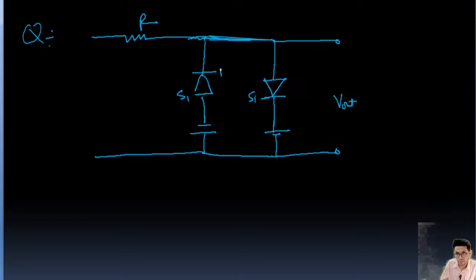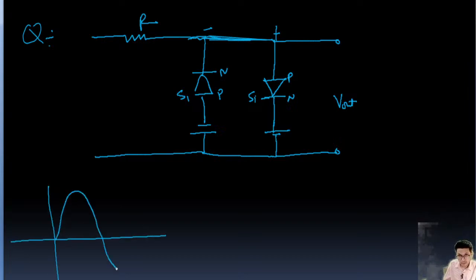So this is N, this is P, this is P, and this is N. So this means this is negative and this part is positive. So now we have graphed this. So here this is the graph. So you can see, guys, if we give positive half cycle, this is going to be reverse bias, open circuited, and this is going to be forward bias.